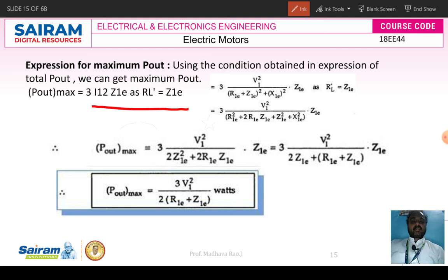Substituting all the equations, finally we will get the maximum output power as 3 V1 square by 2 into (R1e plus Z1e). We have to substitute and simplify, and finally we will get this relation.